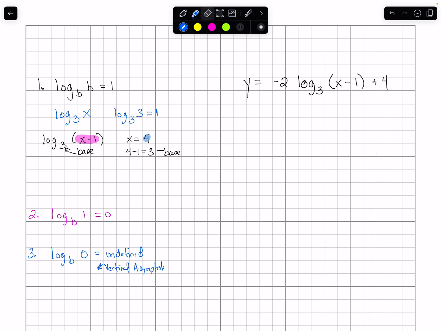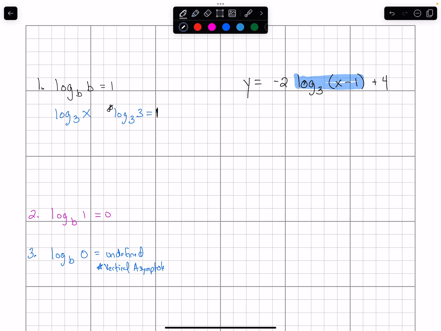All right, so think about this one more time, okay? If you take log base b of b, like this one, log base 3 of 3, it's equal to 1. So my answer is going to come out to 1. What I'm trying to do is get all this to become 1.